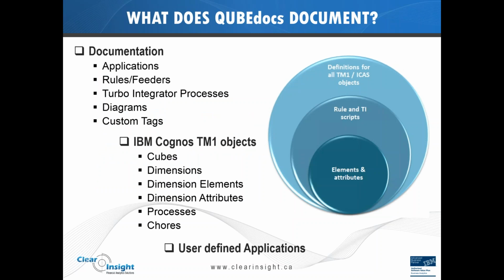The way it works, at its lowest level, of course, is the elements and attributes, then your rules and your TI processes and your scripts, and then ultimately all the definitions that are within your environment. So all of these things are being documented, and we'll highlight each one of your user-defined applications within that environment.